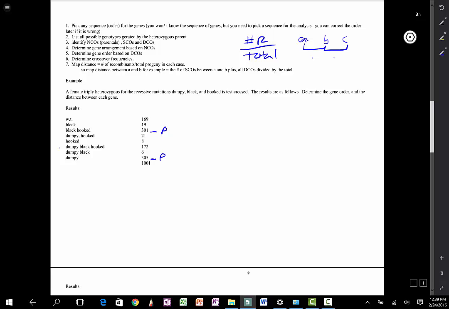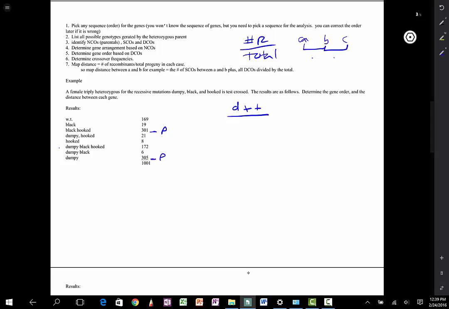And this thing says we're doing dumpy, black, hooked as our order. So what the parentals mean is that dumpy starts out by itself, because that's the parental chromosome, because those are what the parental offspring look like. And then black and hooked, we'll put black and hooked on the other side, and we'll put a plus for dumpy.